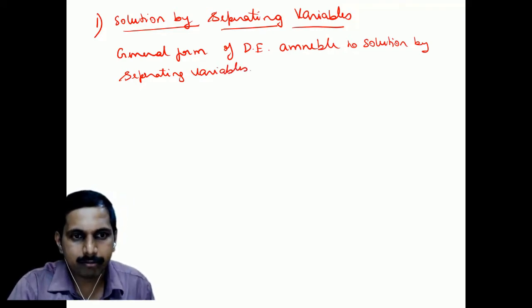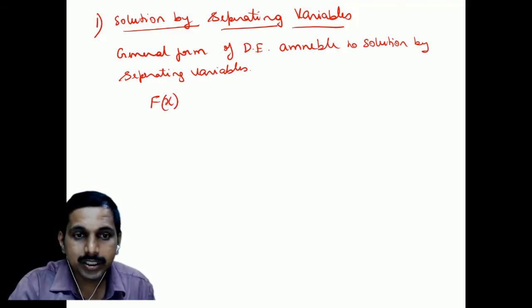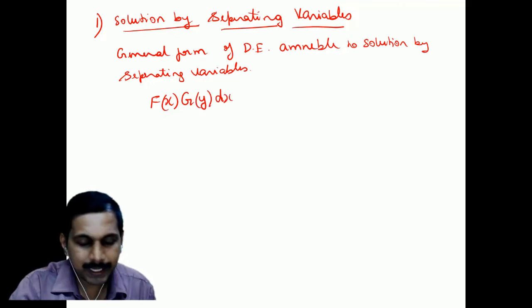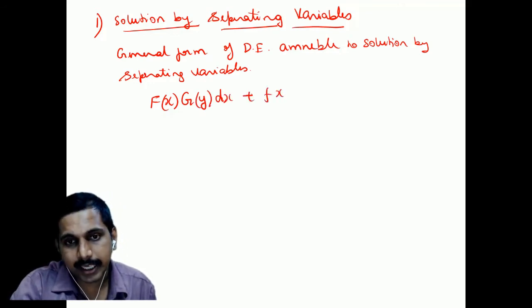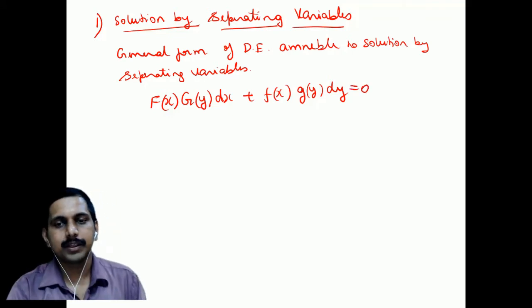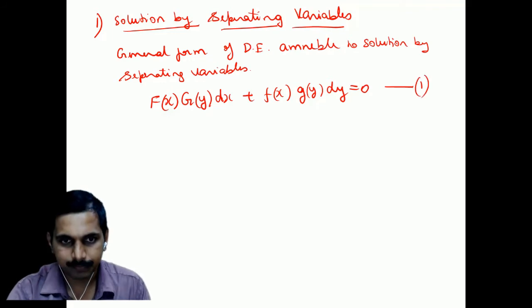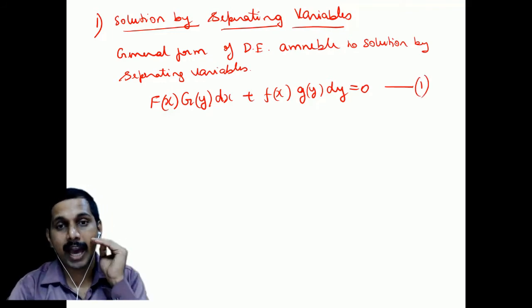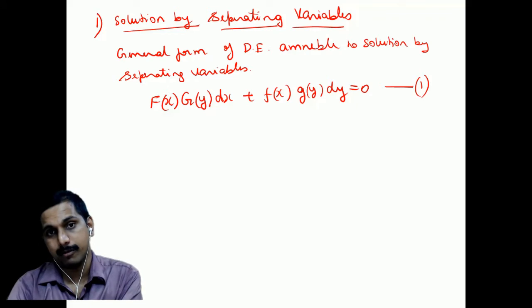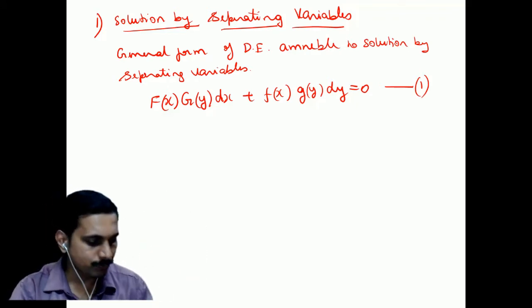This can be written in the form of f of x into g of y dx plus F of x into G of y dy is equal to 0. Say it is equation number 1. If I have the differential equation in this form, then the solution can be done by separating variables. How? Let us see.